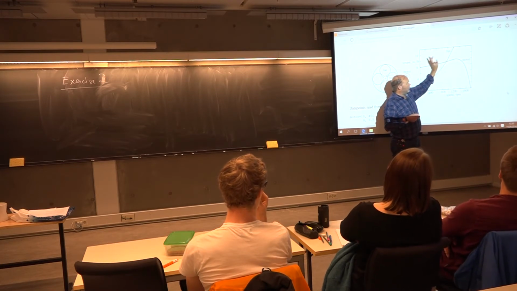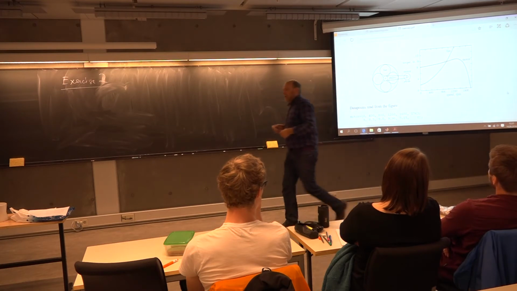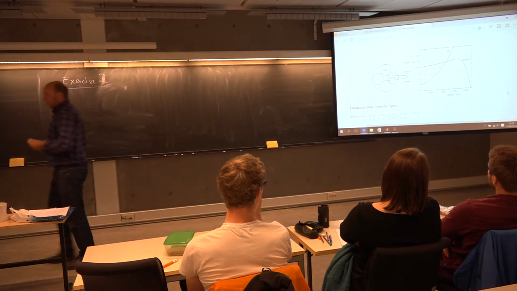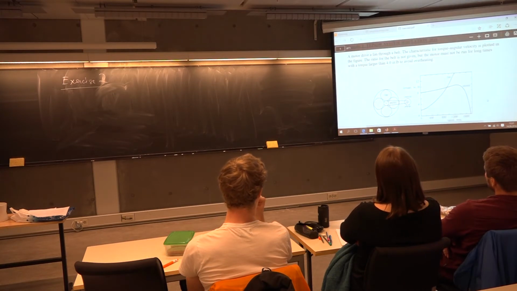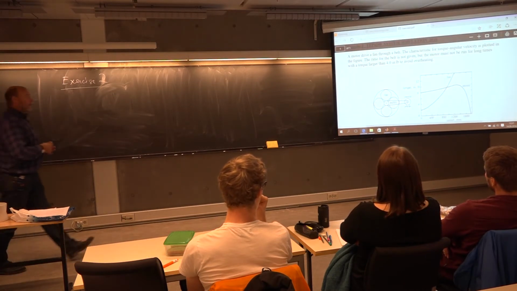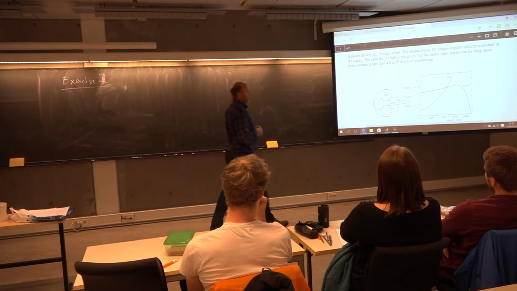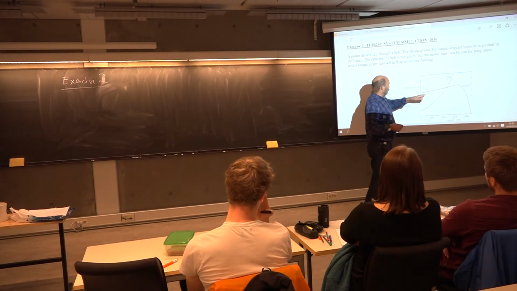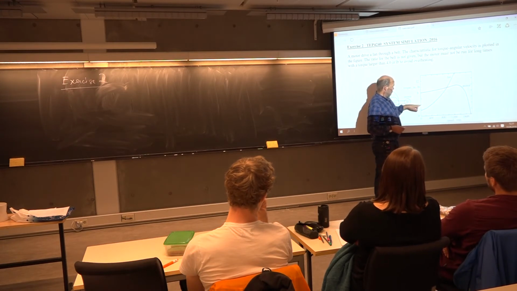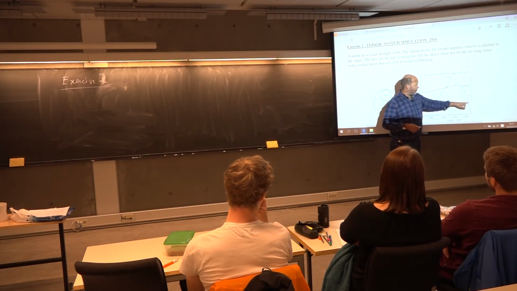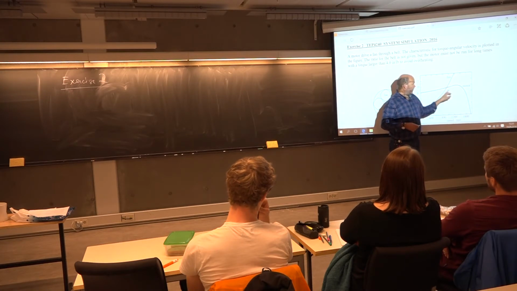But it said in the text, this motor is going to burn down if you leave it running for a long time with a torque larger than 4. So you can't do that. This is going to be too heavy. So the maximum should be 4. So this should be the operating point for the motor, not this one.